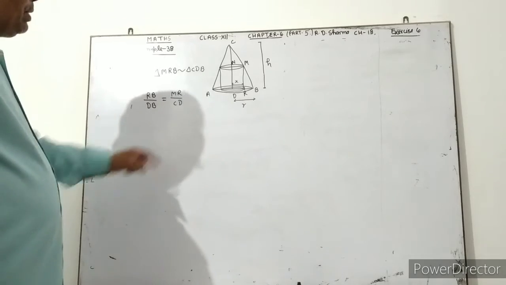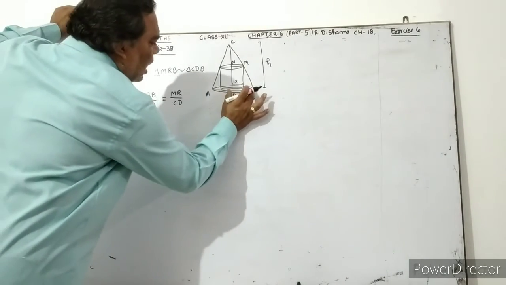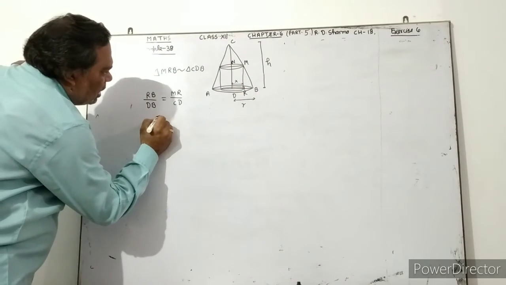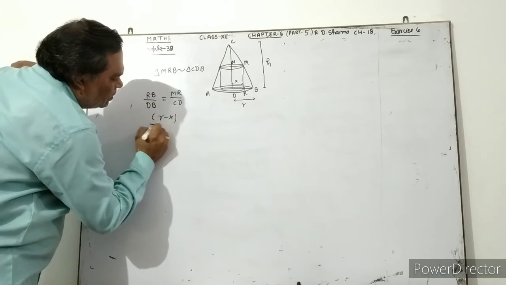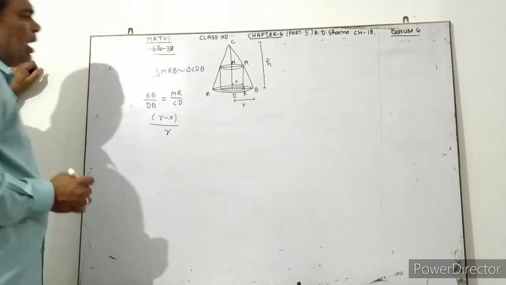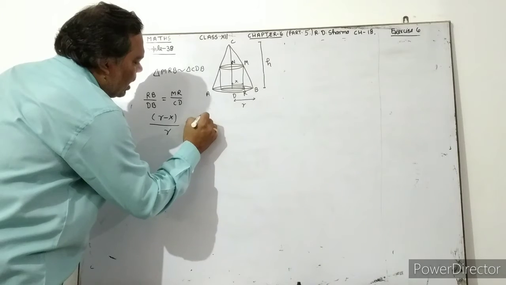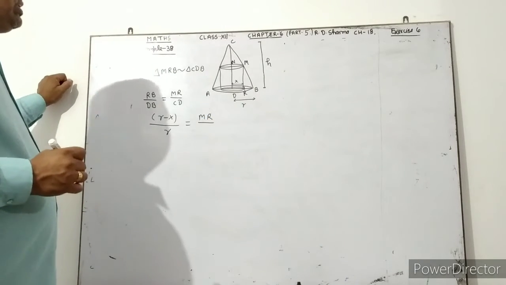Now what is the value of the RB? RB is the R minus X. This is the R, this is the X, then this is the RB, which is R minus X, and DB, what is the DB? DB is the R, and MR upon CD. What is the value of the CD?